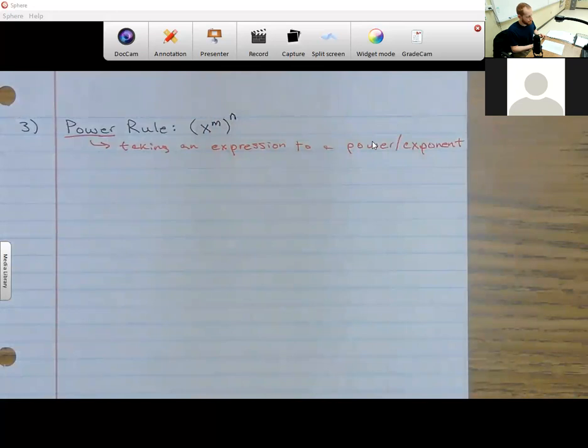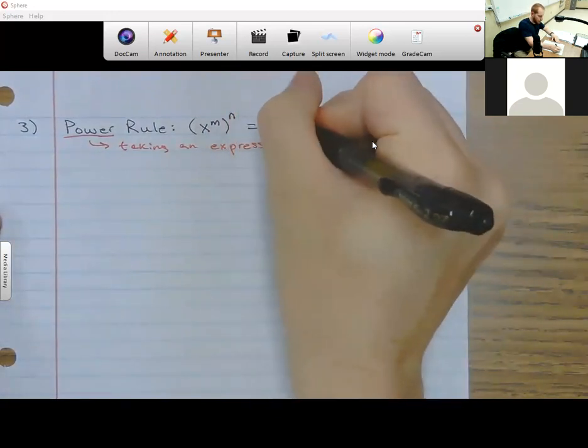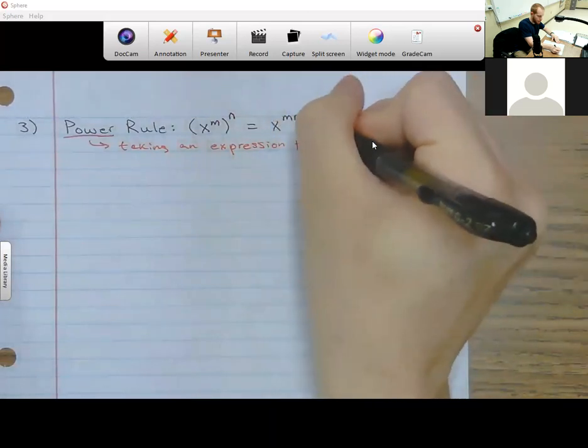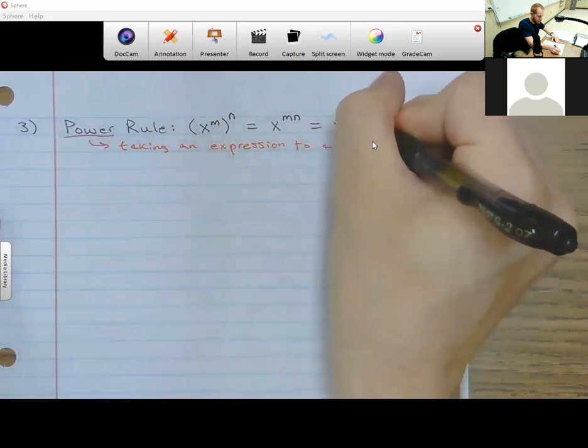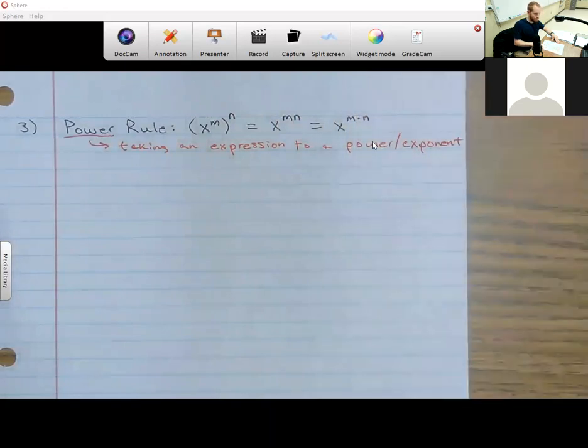So what does this mean? Well, I've got x to the m power on the inside, and I'm taking everything on the inside to the n power. So what does this give us? This is going to give us x to the m times n, or you could also write it as x to the m times n with a dot. These two things are really the same thing.